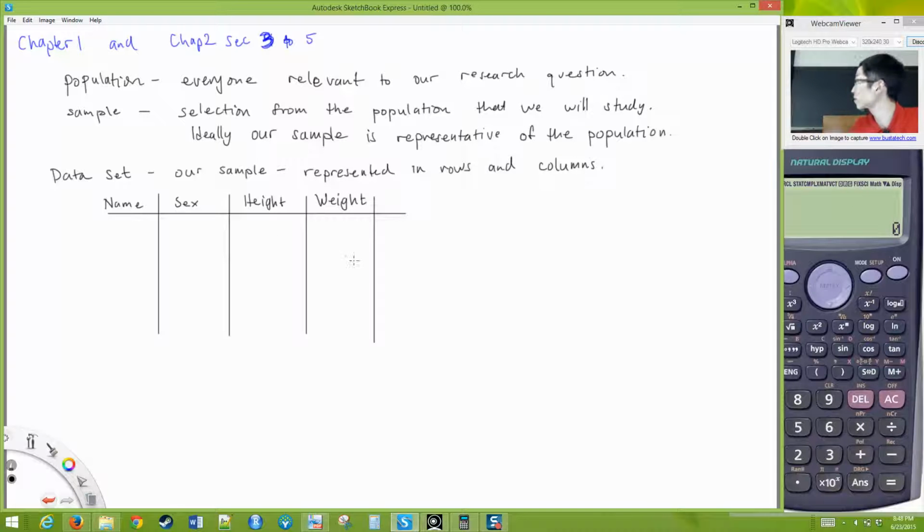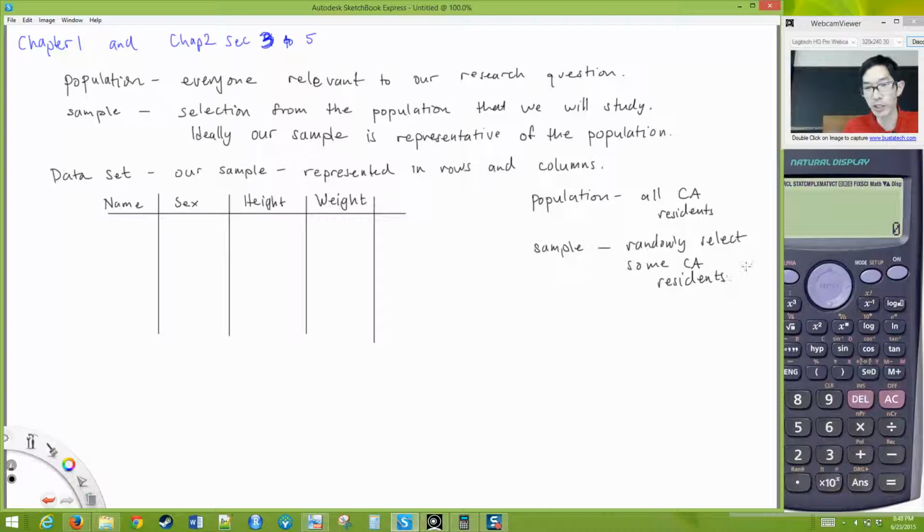So maybe our population is all Californians, all California residents. And our sample, we will randomly select some California residents.